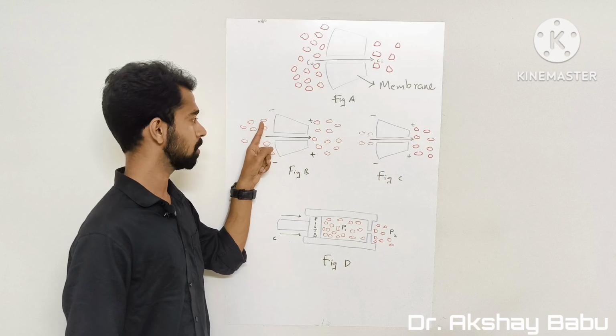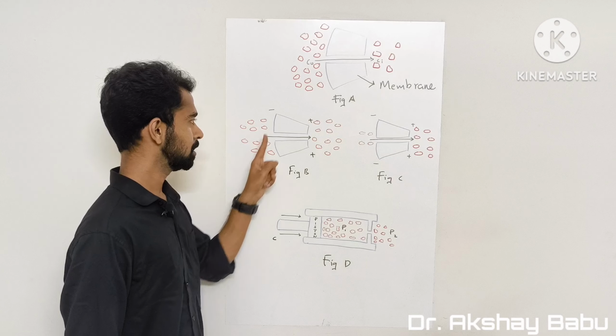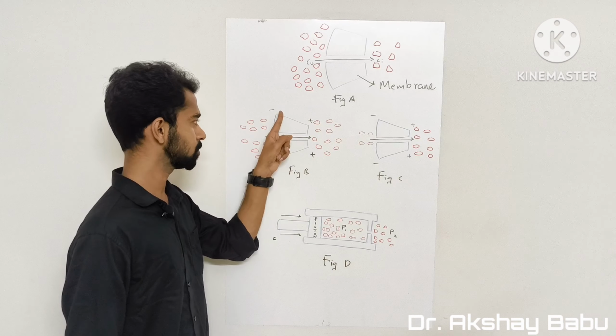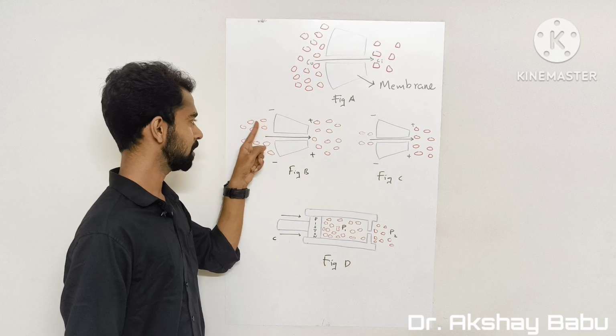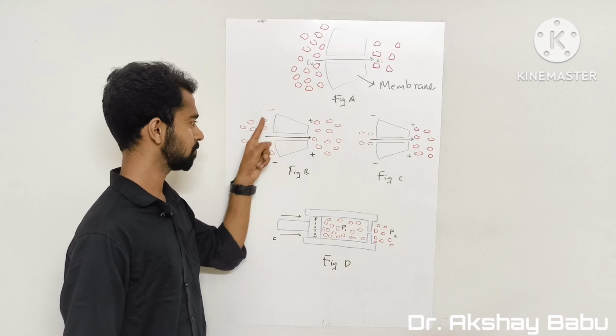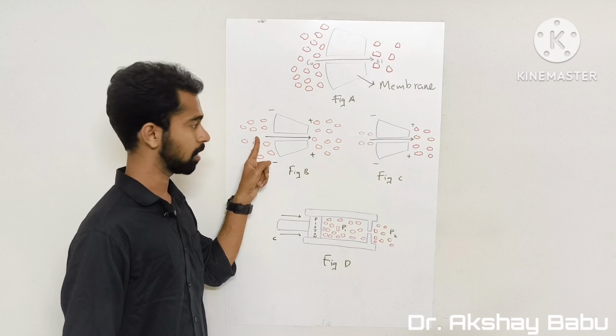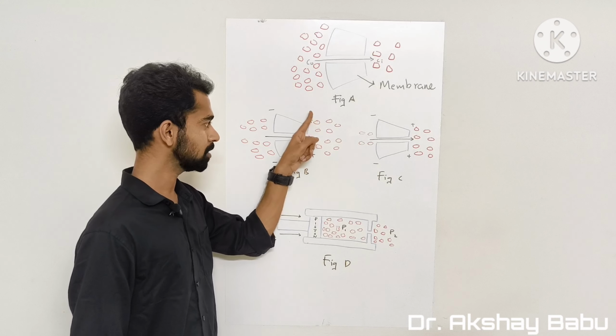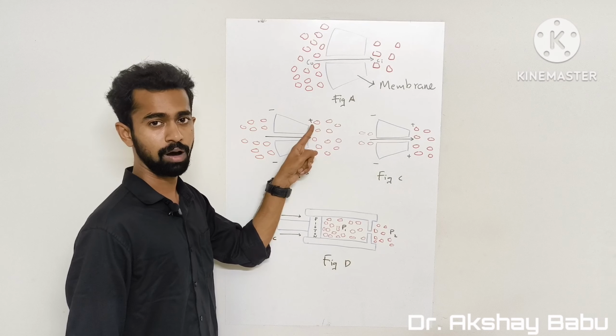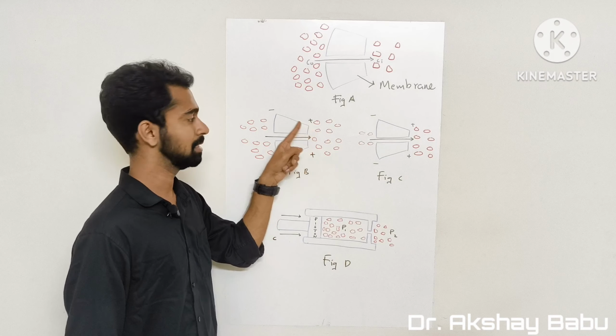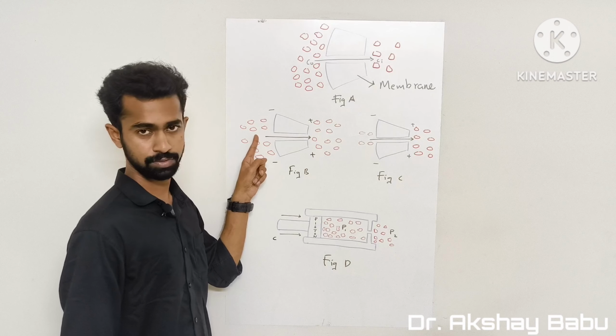Since these ions are negatively charged, the negatively charged portion will repel these negatively charged ions away, whereas on the right side the positively charged portion will always attract these negatively charged ions.